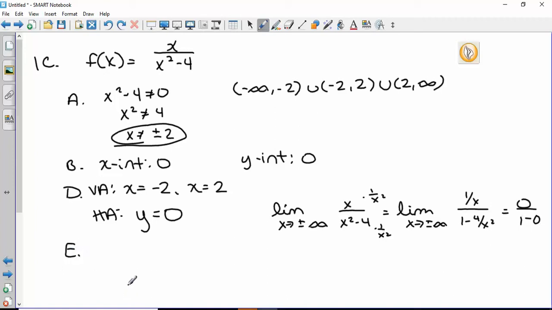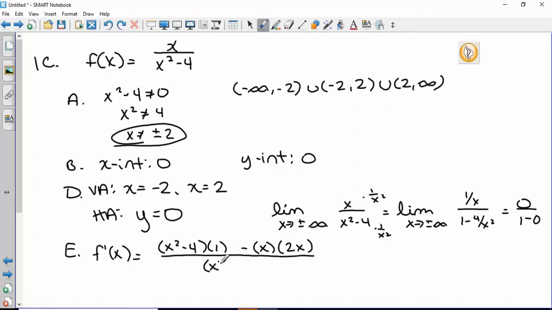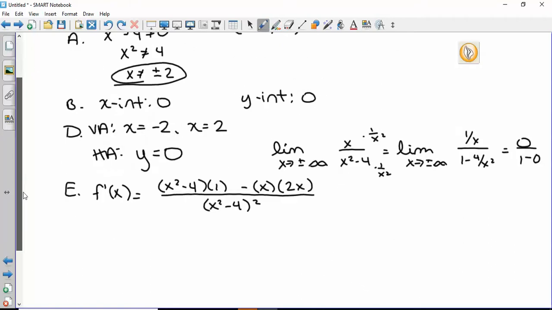Okay, E. I asked for increasing, decreasing, so we need the derivative. It's a fraction, so we have to do quotient rule. Low d high, minus high d low, over low squared.